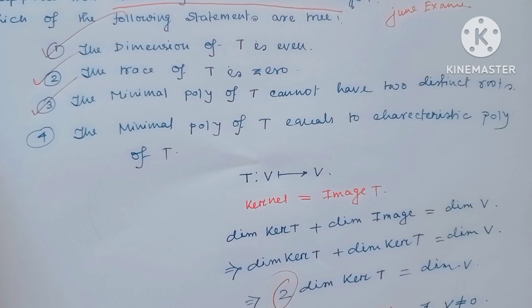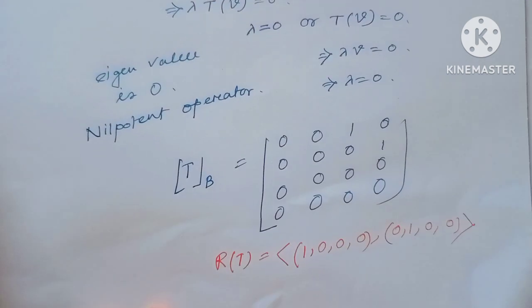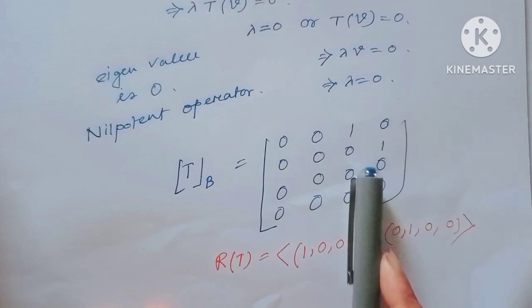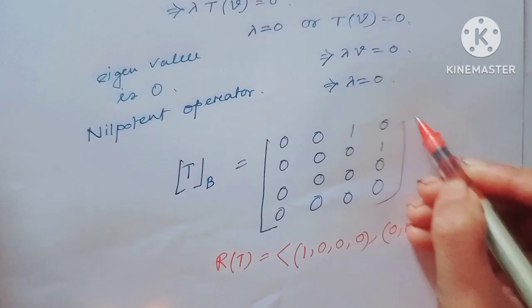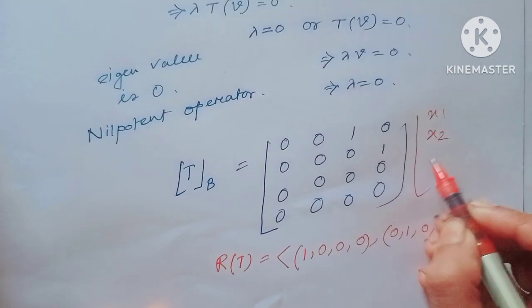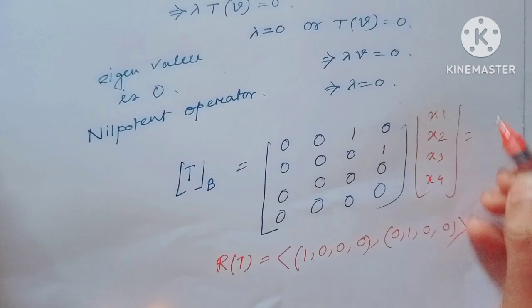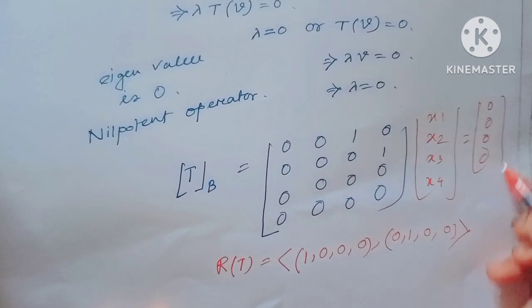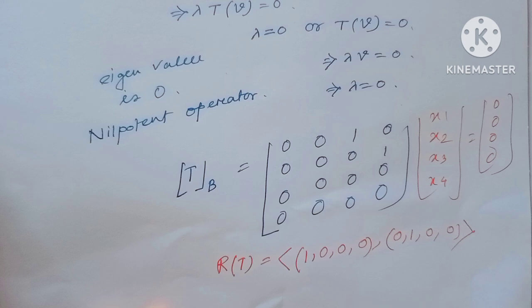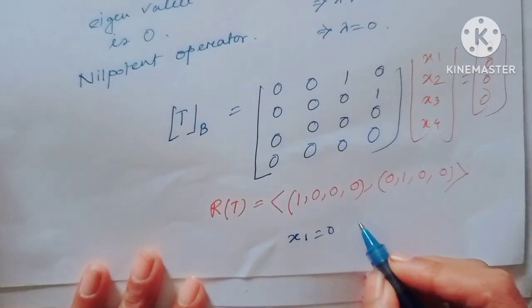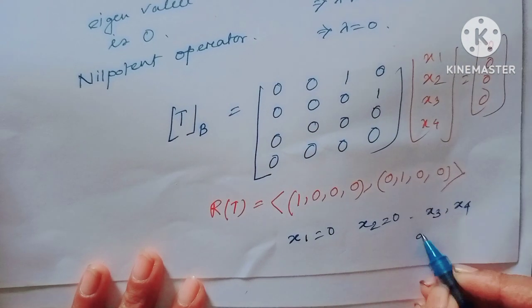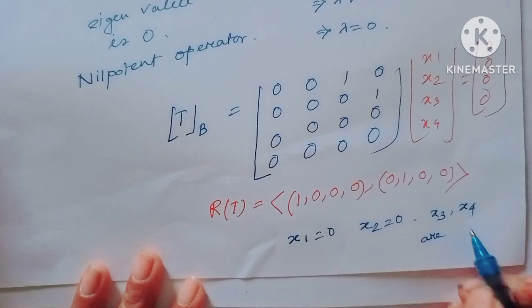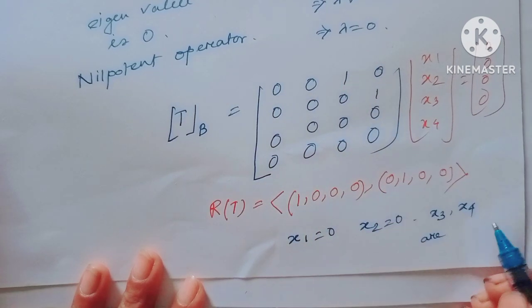Just see one example. For example, let's consider this matrix. Here the range of T is spanned by 1 0 0 0 and 0 1 0 0, and the null space is obtained from T of x1 x2 x3 x4 equal to 0 0 0 0. That implies x1 equals 0, x2 equals 0, and x3, x4 are arbitrary.